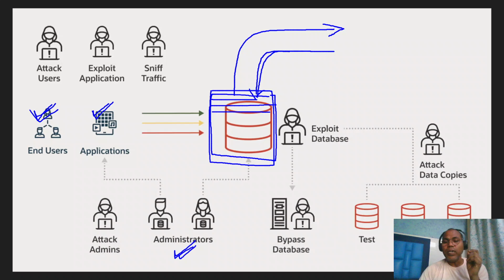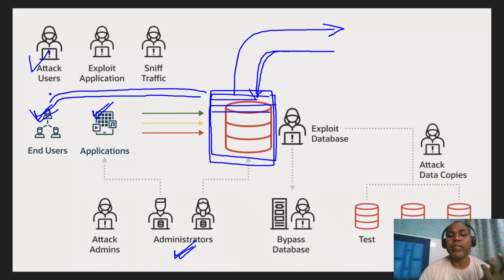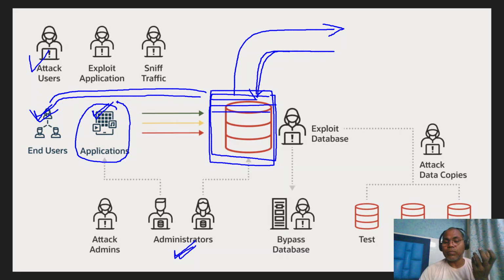Each layer, maybe from the end users, whatever the users are transferring or accessing, during that time an attacker might attack and read or access the data. Also, there is a chance that unethical entities are going to exploit your application layer.